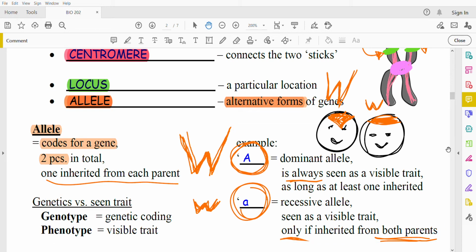So having a straight hairline, as in our example here, is going to be less common, whereas having a widow's peak is going to be more common. And that's because the widow's peak was a dominant allele. So I would like you to be somewhat familiar with the concept of dominant and recessive alleles.